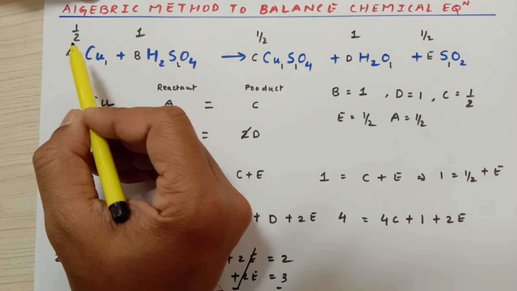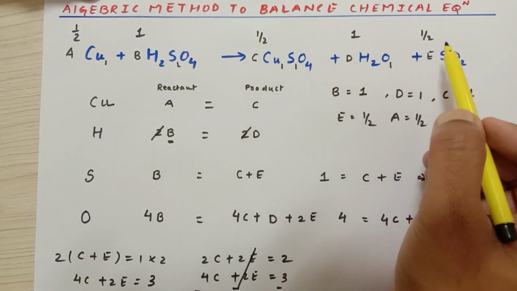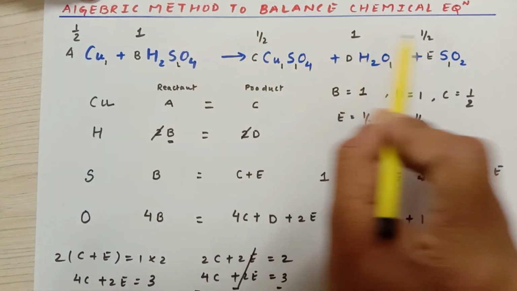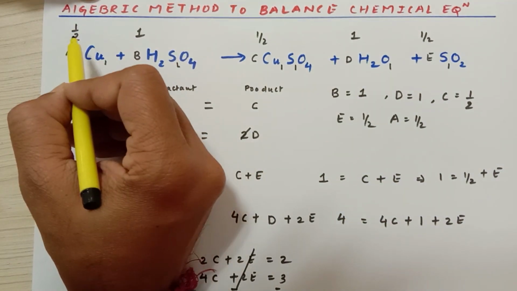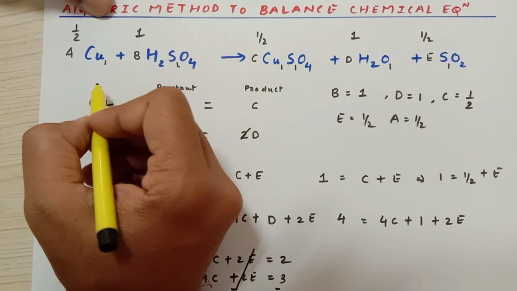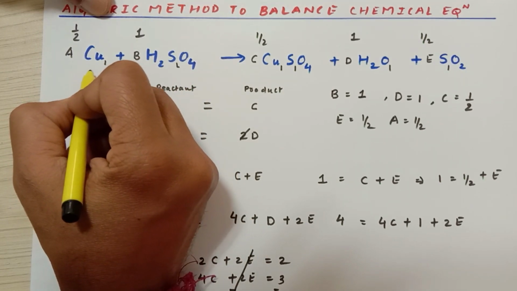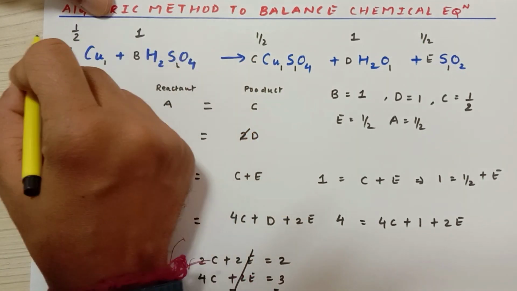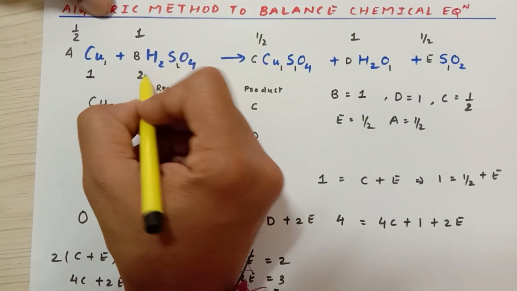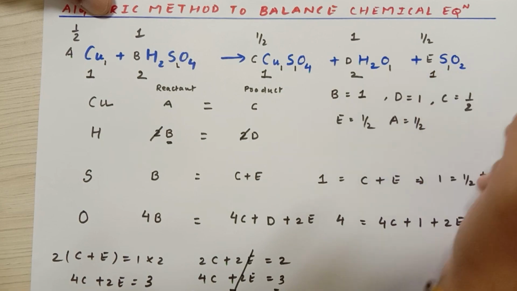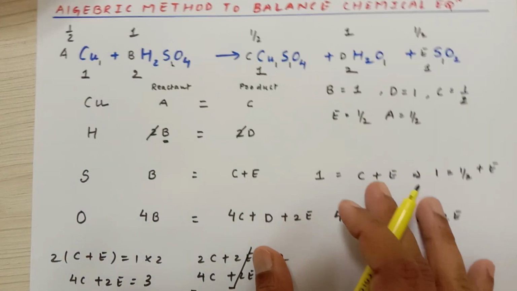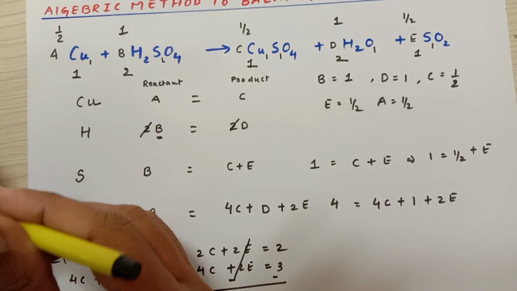So I want to remove this 2 and 2 from here. I am going to multiply this entire equation by 2. If I multiply the entire equation by 2, then this reduces to 1. So finally the 1 copper, multiplying all sides by 2, this becomes 2, 1, 2, 1. And this is my final balanced equation guys, right? Let us check that.